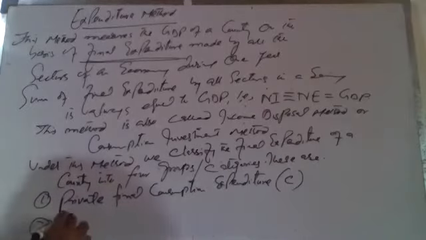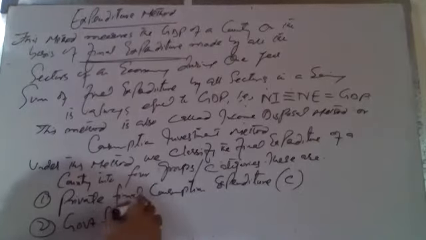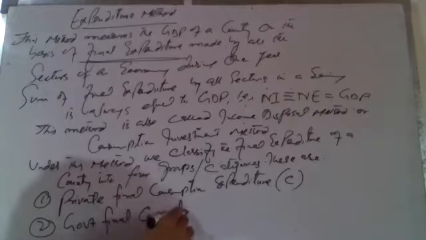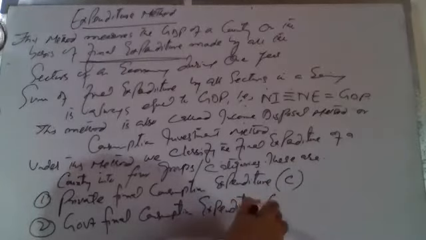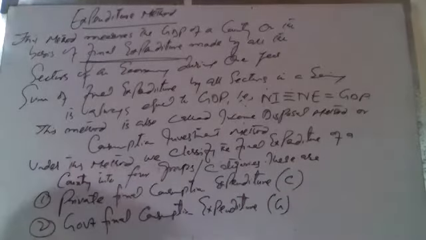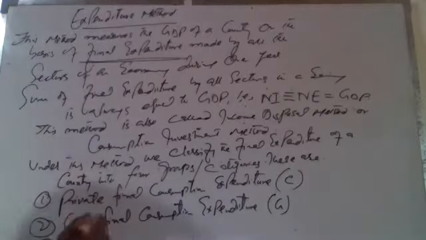Next is government final consumption expenditure, that is G. Then we have private investment expenditure.